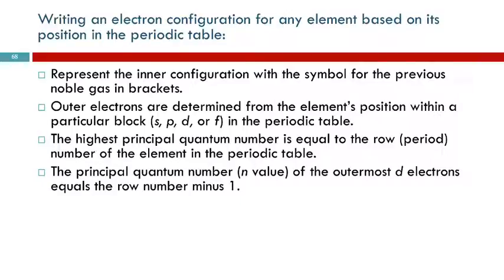And there are blocks. There's the s block with 2 columns, the d block has 10 columns, and the p block has 6 columns. The highest principal quantum number is going to be equal to the row, the period that element is in. And for the d electrons, remember that you take the period minus 1 to get that principal level.